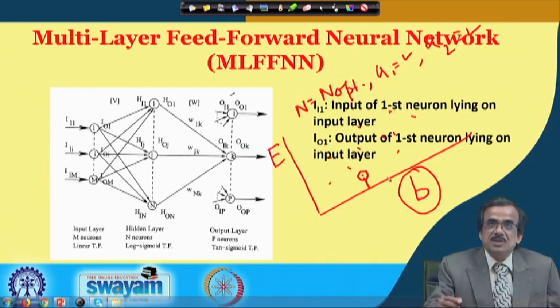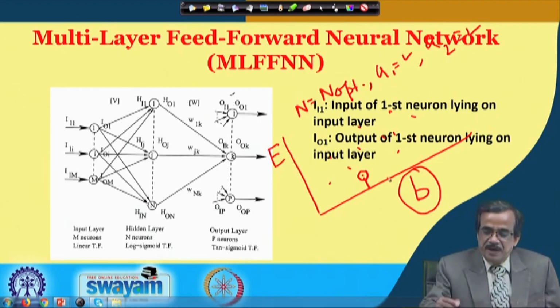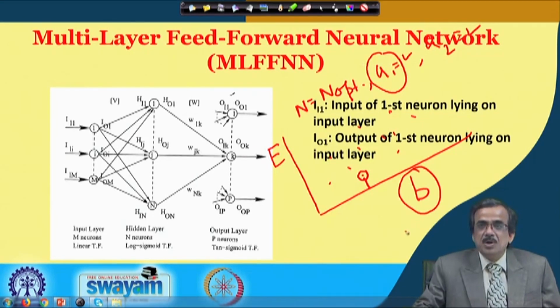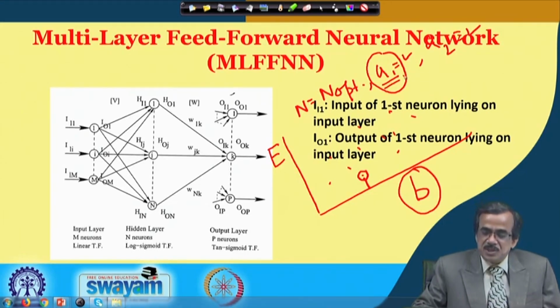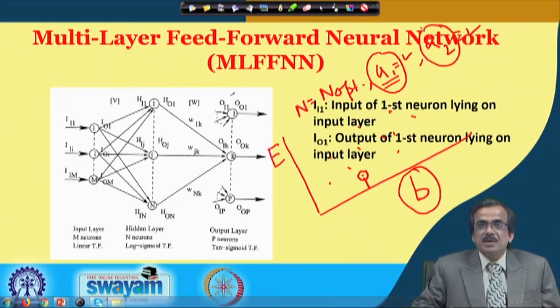Next, we start this study by varying a 1, and we try to find out what should be the optimal or near optimal value for a 1. Next, we start this study with the variation of a 2, and we try to find out what should be the near optimal value for a 2.